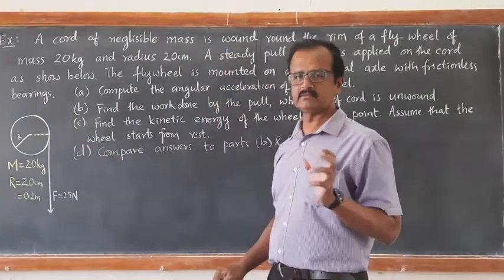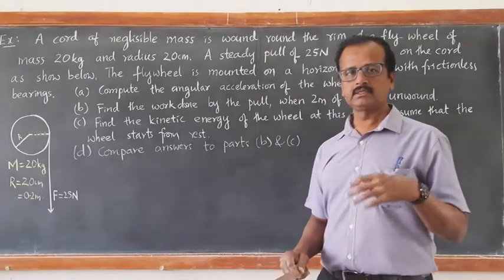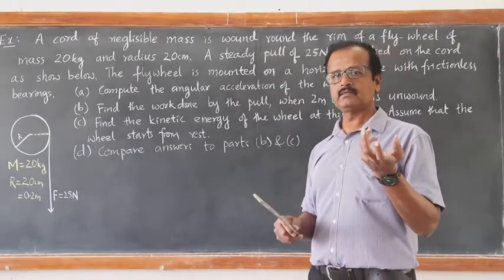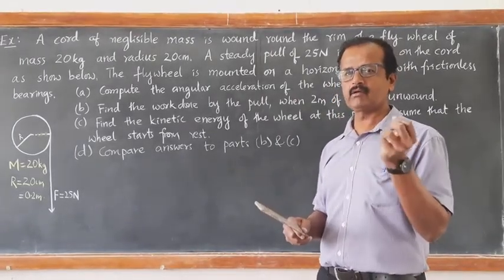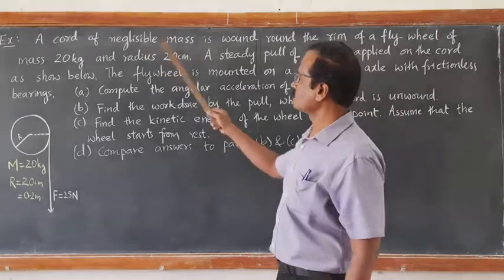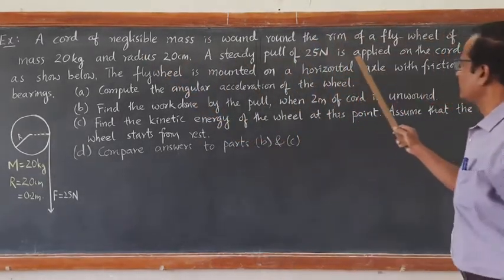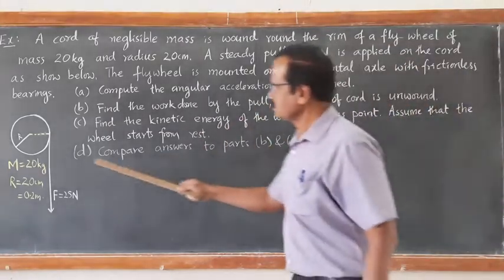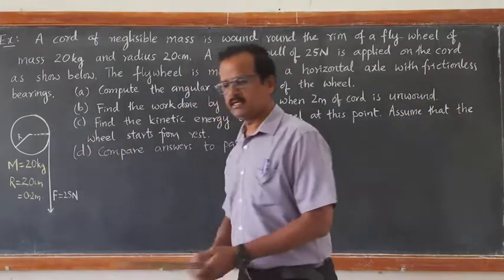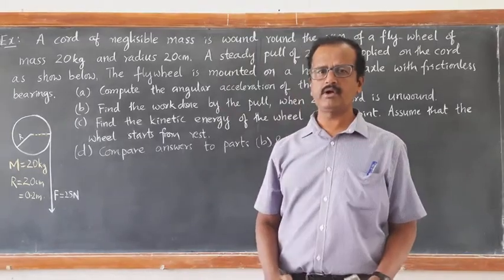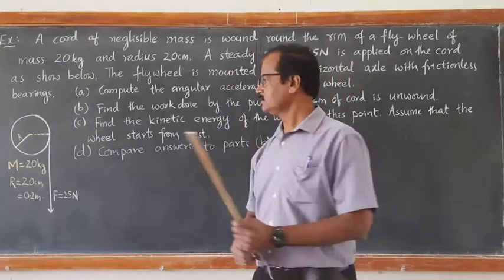You must have seen an extension cord. A cord is the one which we call a cable or wire, right? It is wound around this. Then a steady pull of 25 Newton is applied on the cord, meaning cable.